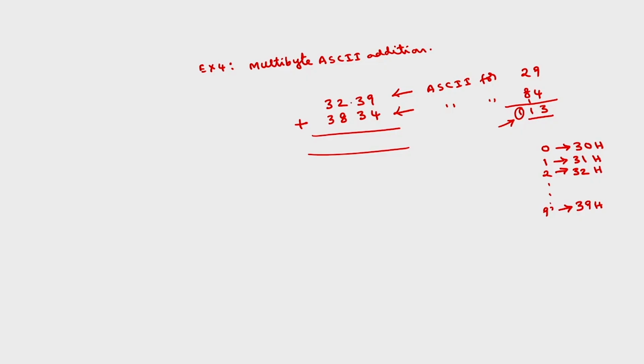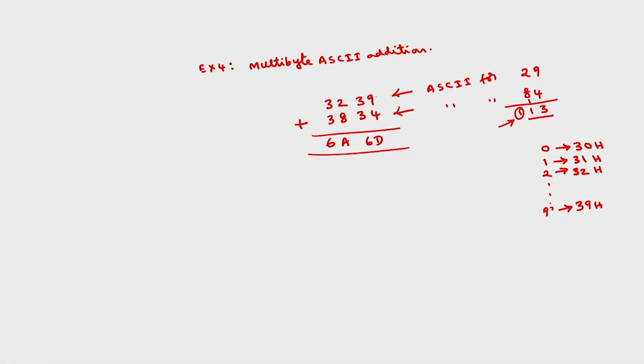If I give this data to the microprocessor, it will assume that these are hexadecimal numbers. 9 plus 4 is 13, and 13 is nothing but D, so you will get 6A 6D, but I want the result as 13.